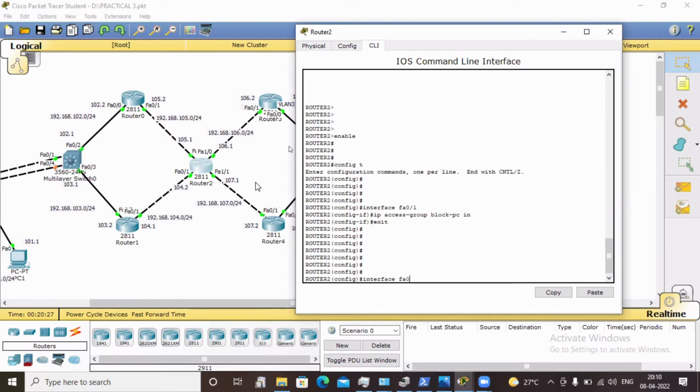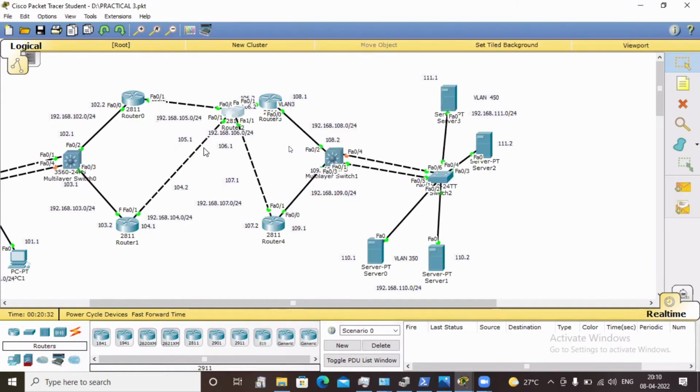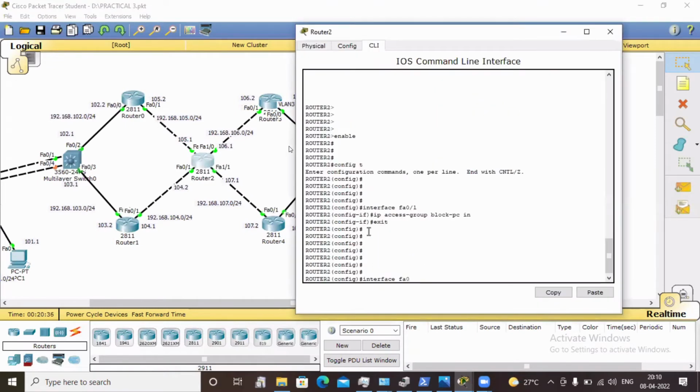Now we have to configure, I think, FA0/0. Yes. FA0/0. In, no? In.